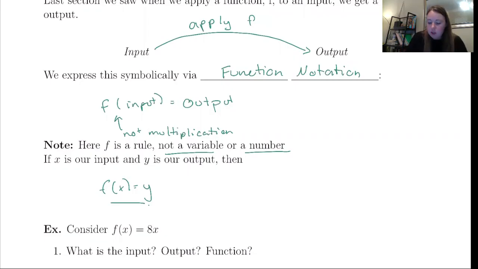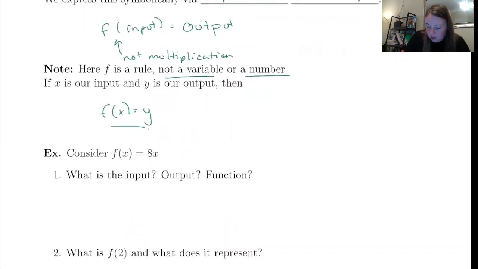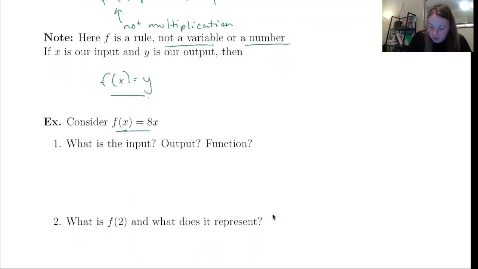The good thing about this function notation is I can align my input and my output and which function I'm talking about. So if I have a lot of functions and I want to talk about, okay, when I put in this thing into this function, I get this out. It's a really good naming system, right? So if I consider f of x equals 8x, what is my input and what is my output? And then I wrote "function?" So basically saying, what's the function called, right?